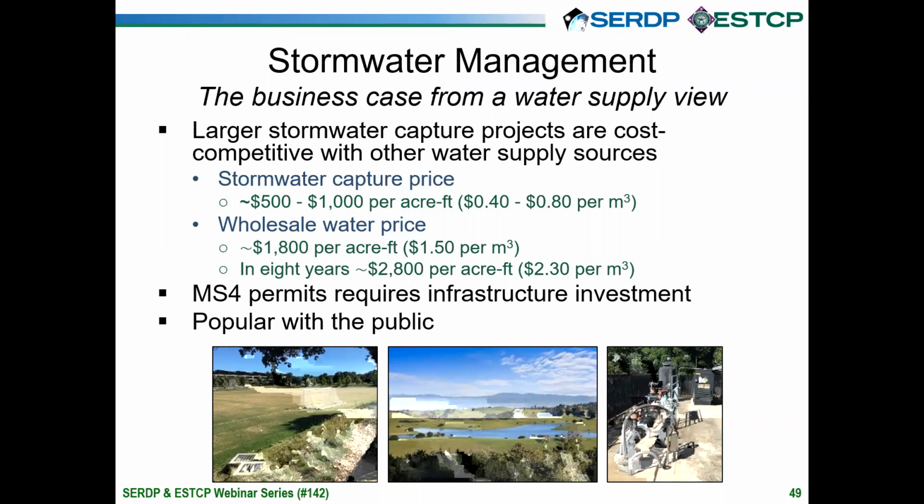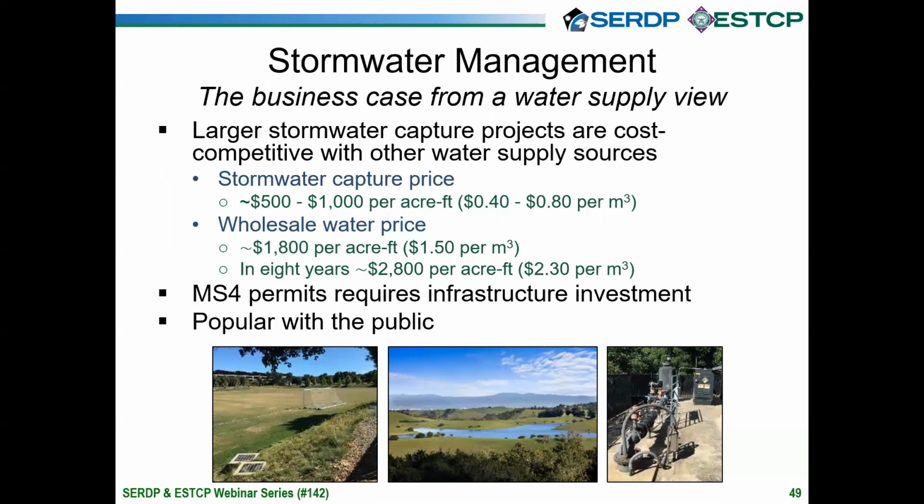Here where I live, the wholesale price of water is $1,800 per acre foot. So stormwater capture can be done at something like a third to half the price we're currently paying for wholesale water prices. And in 8 years, that wholesale water price in our area will go up to about $2,800 an acre foot.